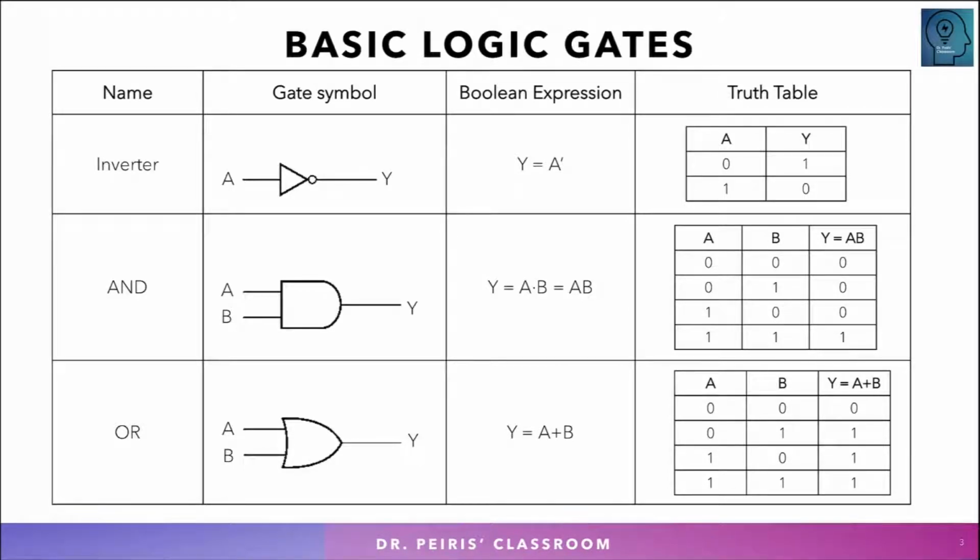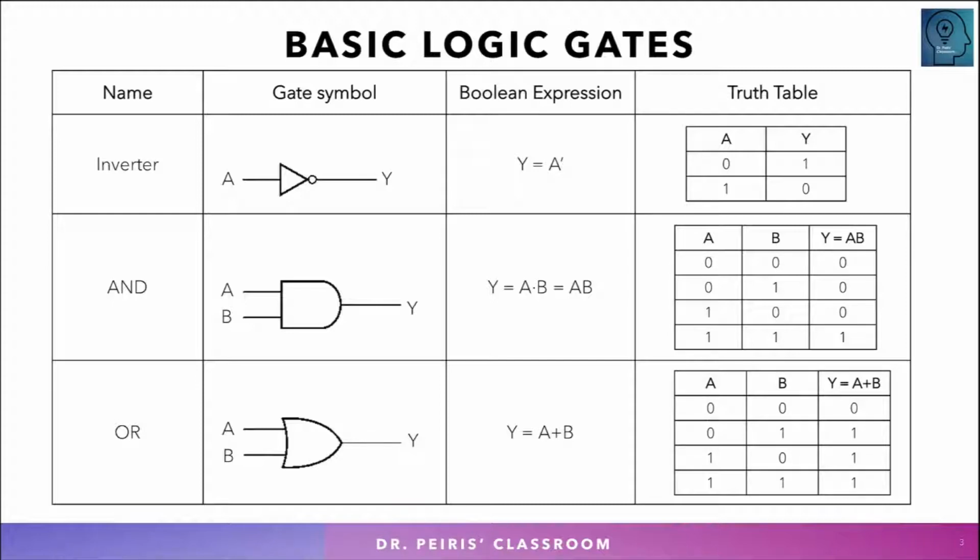Since there are two inputs, we're going to have four different combinations: 0 0, 0 1, 1 0 and 1 1. With two inputs, 2 to the power 2 gives the number of combinations, which is 4.